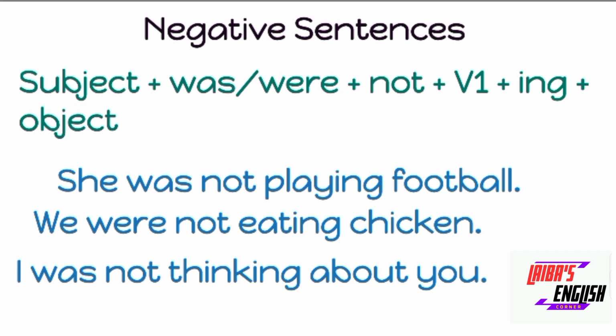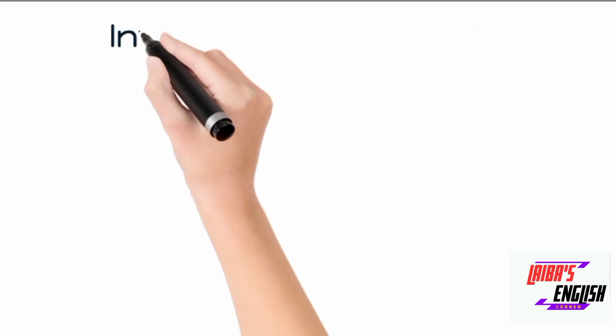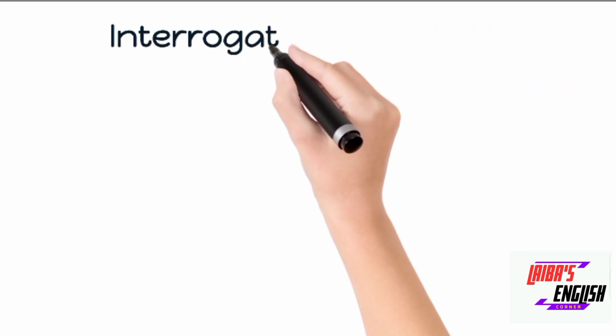Was because I is singular, not is used for the negative, think first form plus ing, about you. About you is not a proper object, but I said earlier that we can omit the object and we can put extra things because this is a higher level. So at a higher level, we don't need an object as a compulsory thing. We can add multiple things at the end, like prepositional phrases, modifiers, complements, and many more.